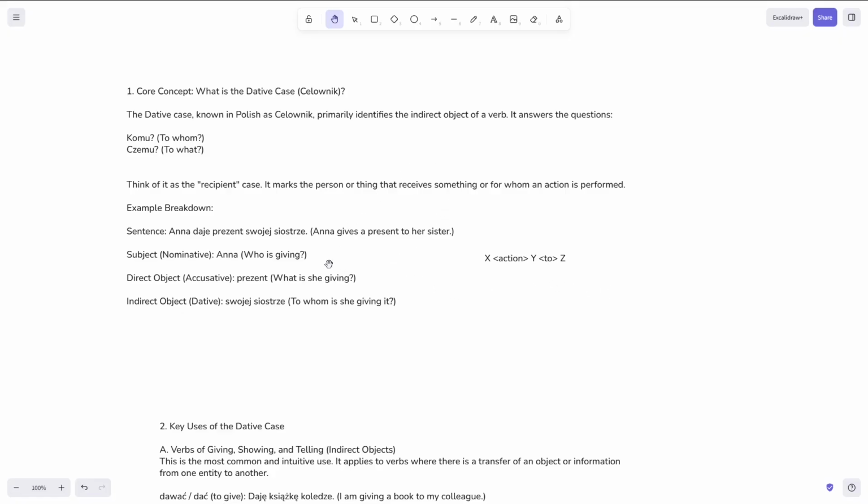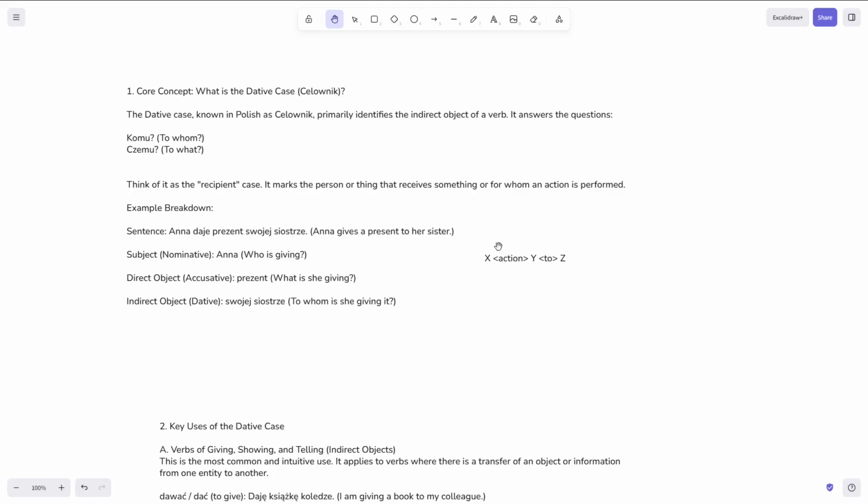So, we left off at Anna being the subject, so being in the nominative case, right? Because it's just the noun that starts the whole sentence and is the main topic, the subject, okay? Then Anna gives, so performs the action, okay? Gives what?